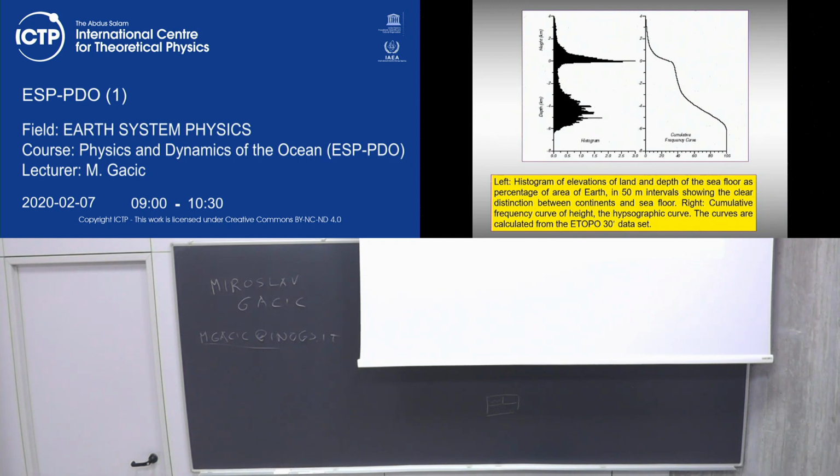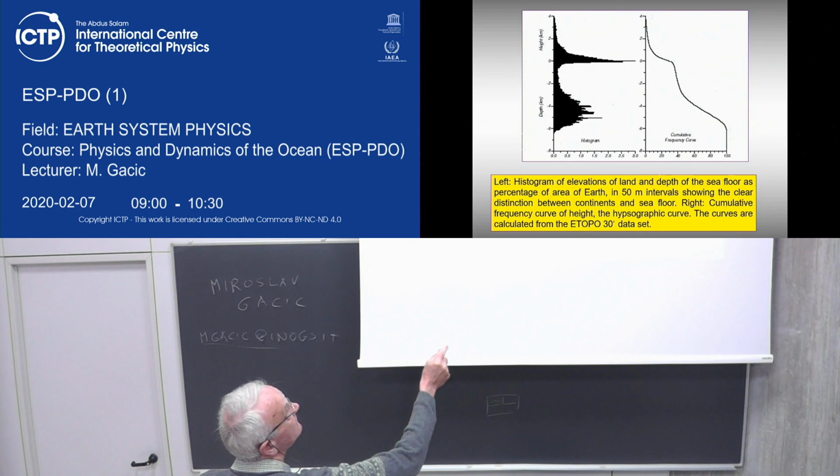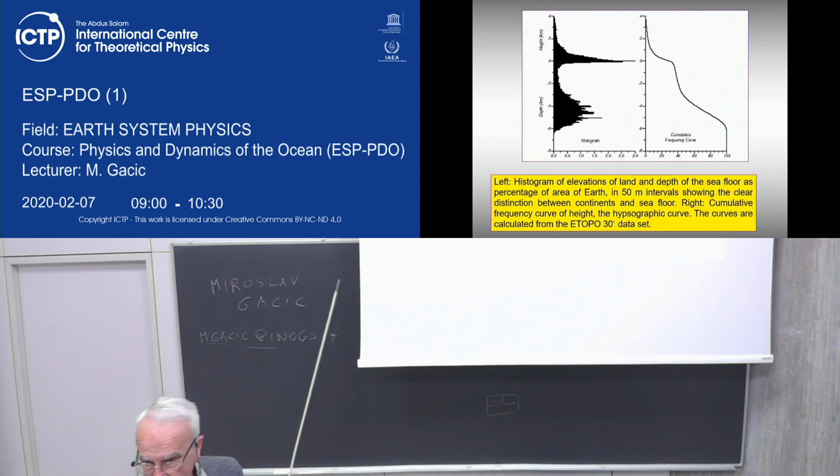So when we are talking about the ocean, we are really talking about something which is mainly 5 kilometers deep. We have around 5 kilometer thick water in the world ocean, which is quite different with respect to the land, where the major height is around the first 100 meters or something.